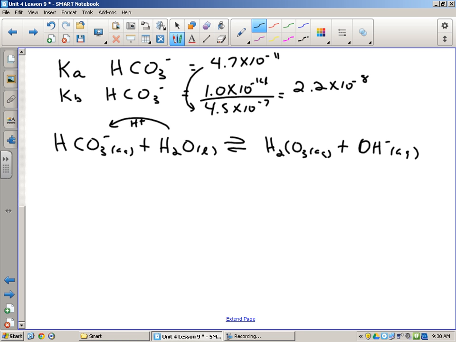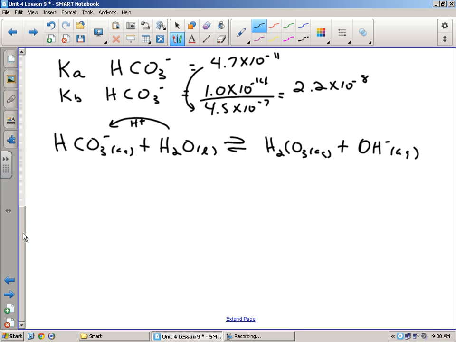Because when it's acting as an acid, the base of that is something completely different. It's CO3 that's the base, and the acid is H2CO3. So those two numbers aren't going to match up. They shouldn't, because they're in different spots according to your data booklet.